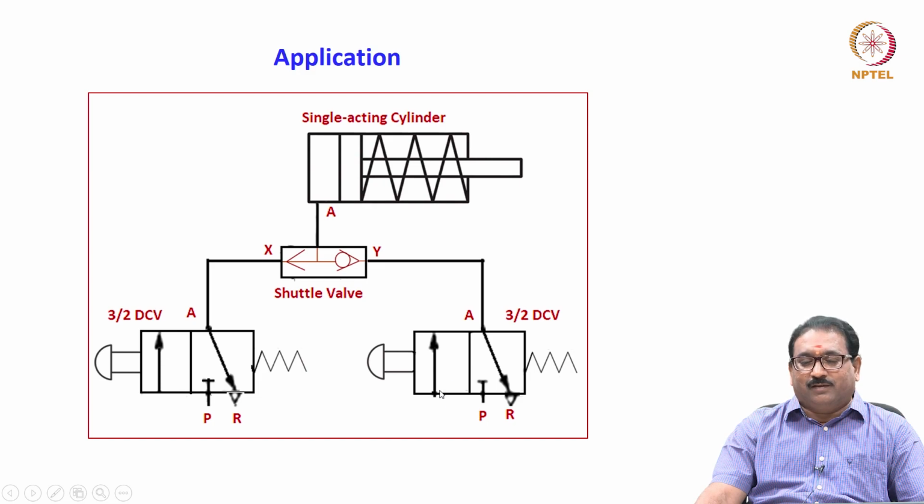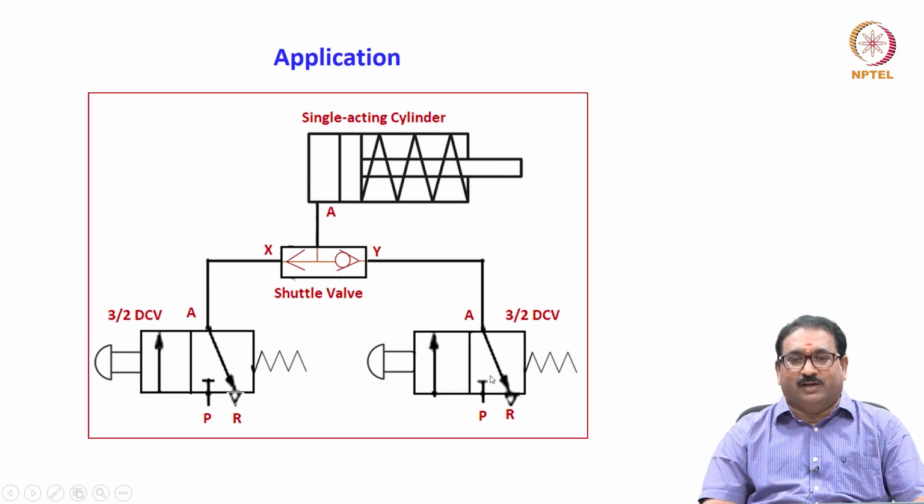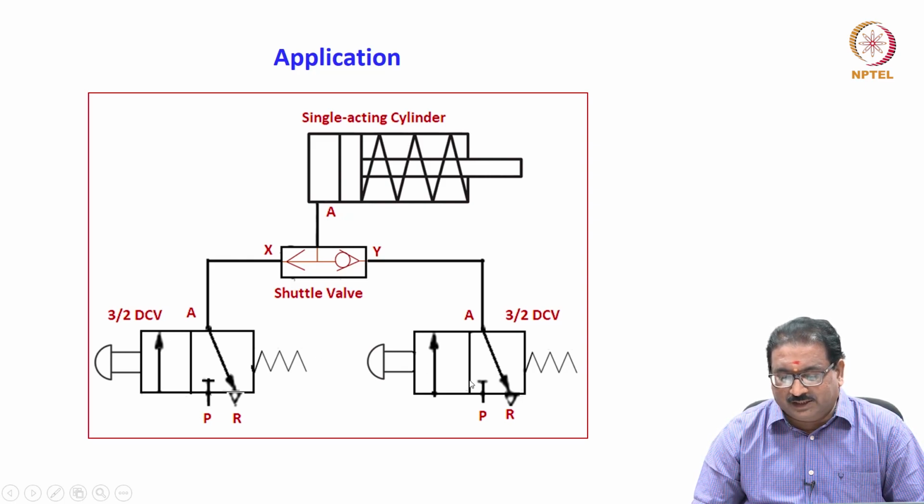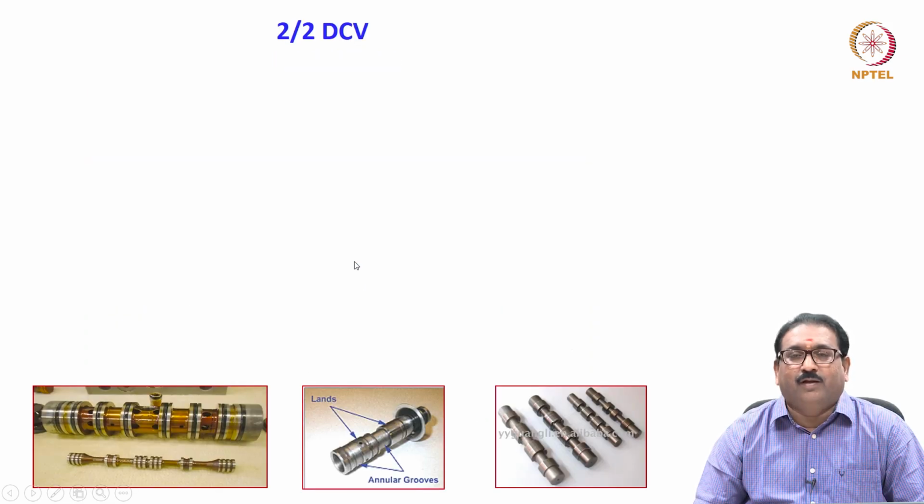Push this button, then the flow comes here, moves the ball to this side, and then the head end will receive the flow from this. Meaning here, the single acting cylinder receives the flow from this power source or this power source using your shuttle valve.